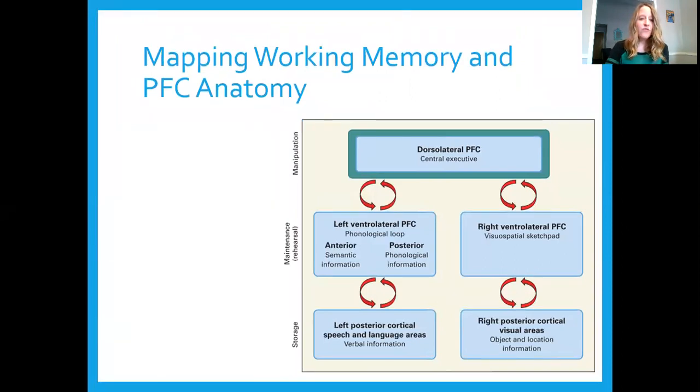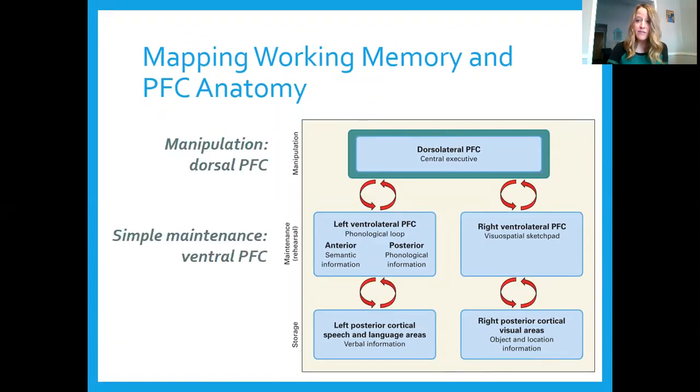If we look at the areas of the brain that are involved in working memory tasks, we see that areas of the cortex that are involved in auditory processing in the left hemisphere seem to play a role in the functioning of your phonological loop, right?